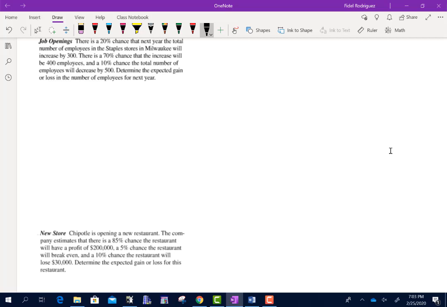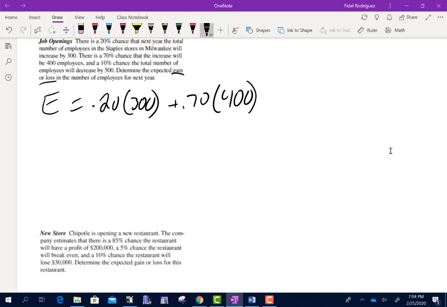Determine the expected gain or loss in the number of employees next year. So 20% chance, 0.20, we're going to gain 300 people. 70% chance we're going to gain 400 people, and a 10% chance that we're going to lose 500 folks.